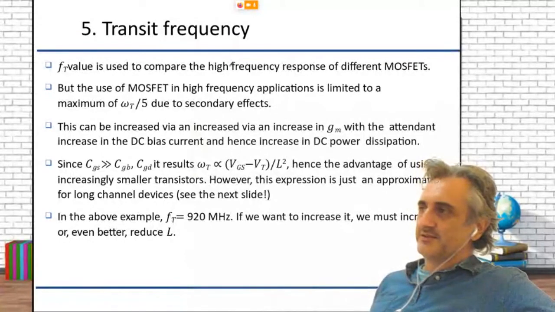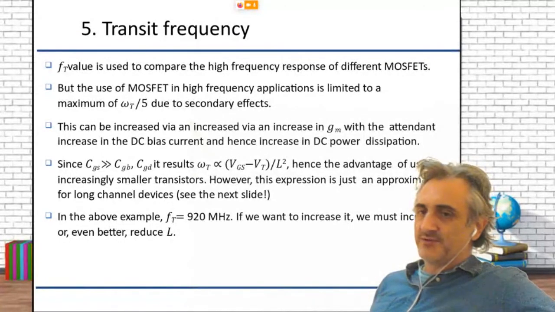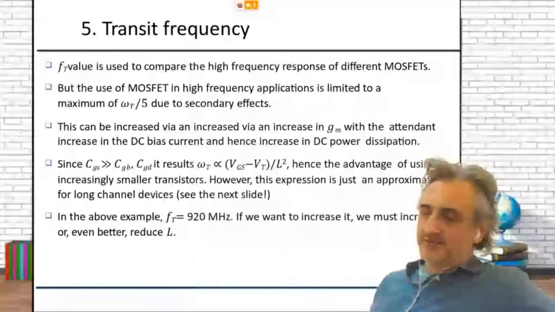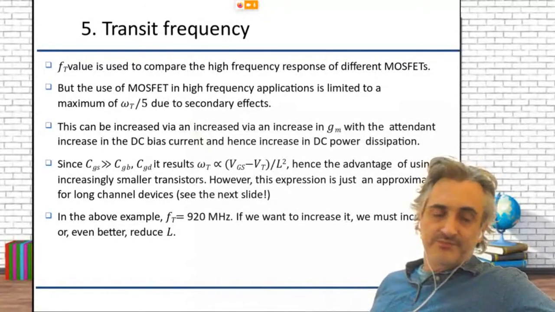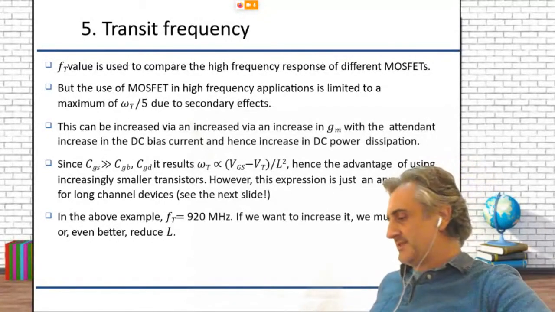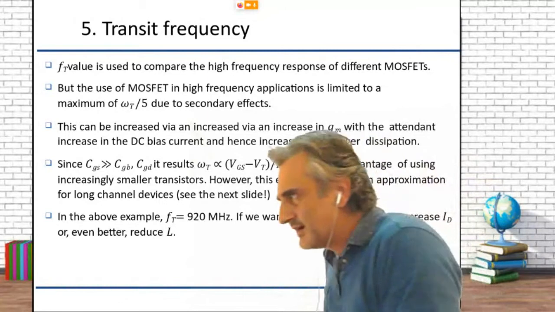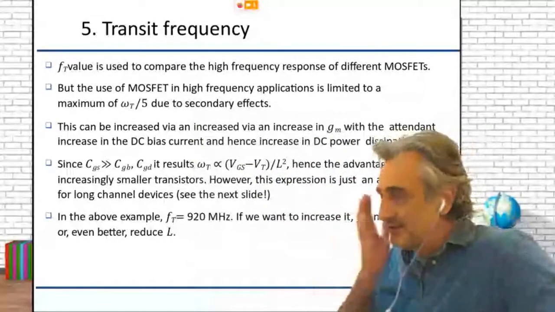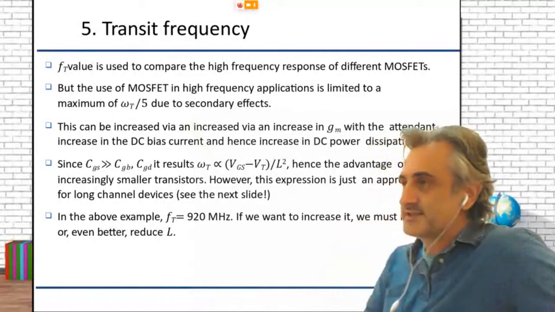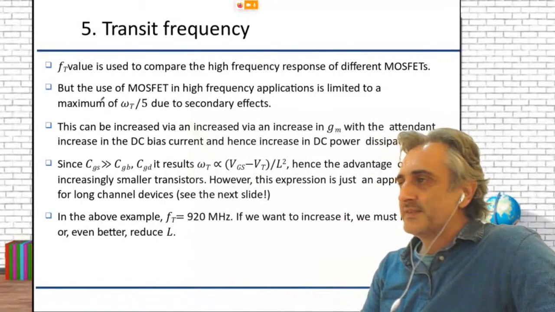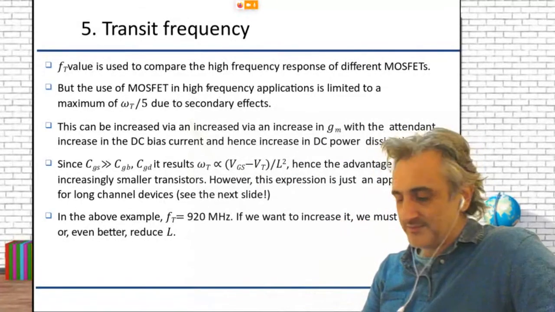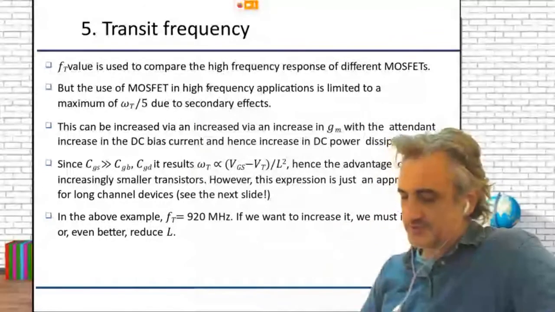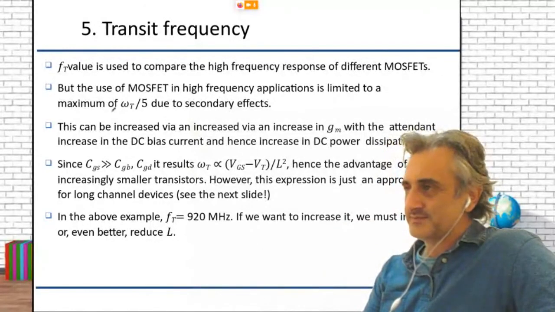In fact, the higher this transit frequency, the faster the device we are using will be. So for radio frequency or for digital computing, we need very high values of transit frequency. But anyway, notice that this is just an approximation, using a model which is not valid at these frequencies.